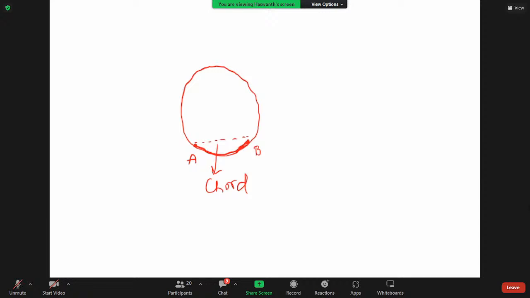If this arc AB or chord AB subtends an angle theta at the center, the angle it subtends in the remaining part of the circle is theta by 2, half of what it makes at the center.